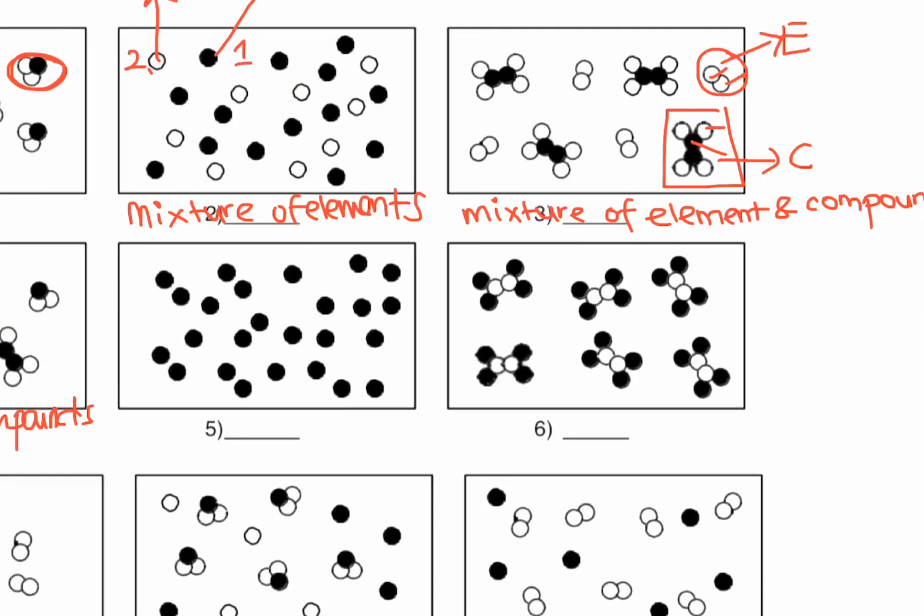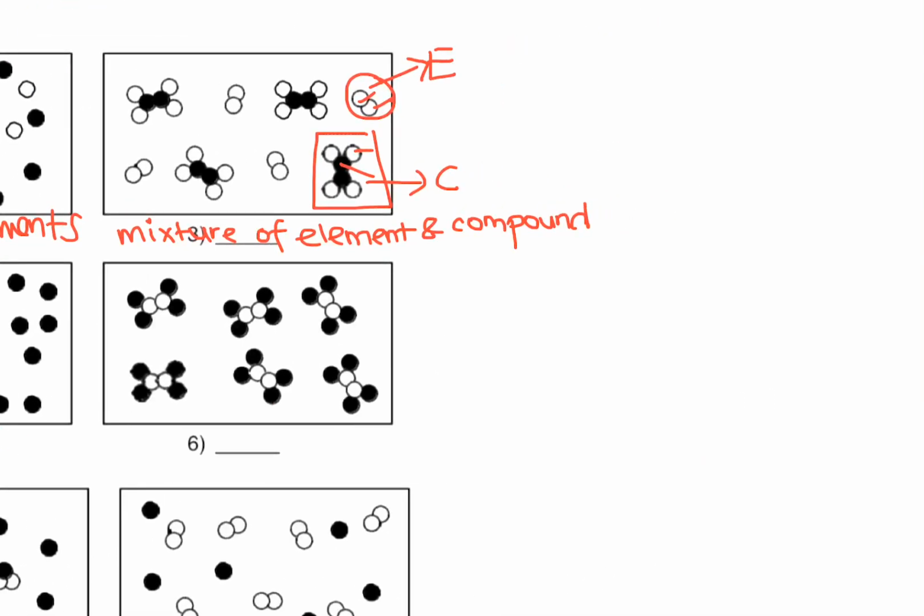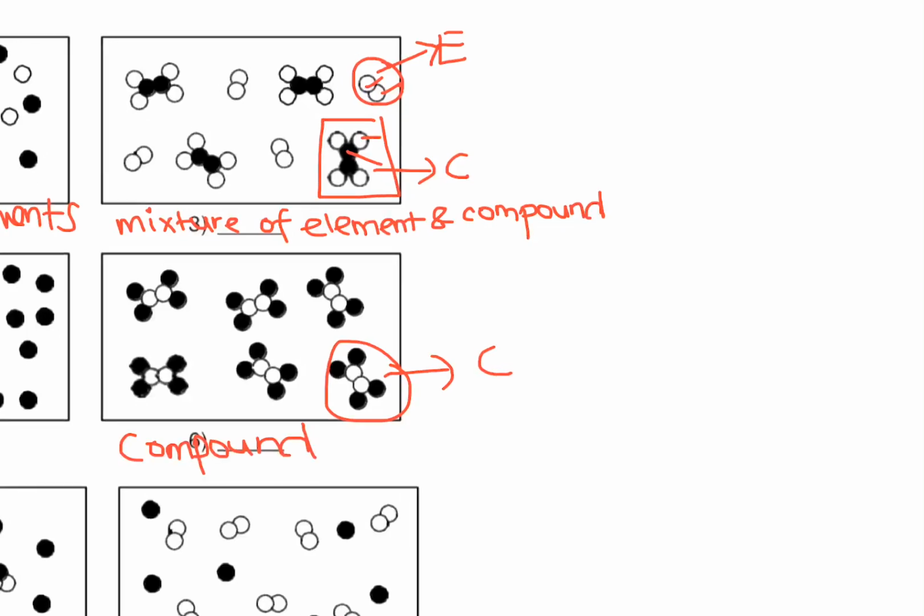The fifth one here, you just have one kind of atoms. They're not glued together, so it's not a compound. It's not molecules. We just have atoms of an element. For the sixth one, so you see all of them, they are the same. And this is atoms chemically bonded, different atoms chemically bonded. So this is a compound, single kind of molecule in the whole thing.